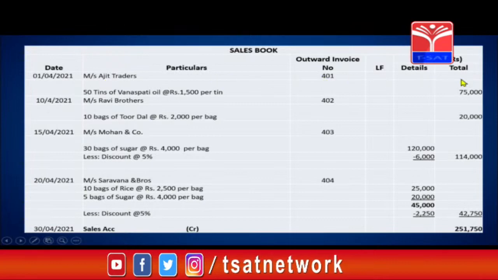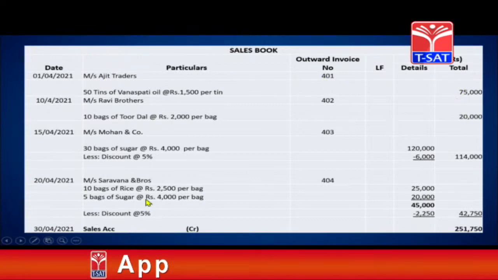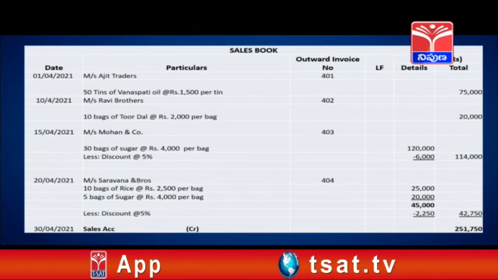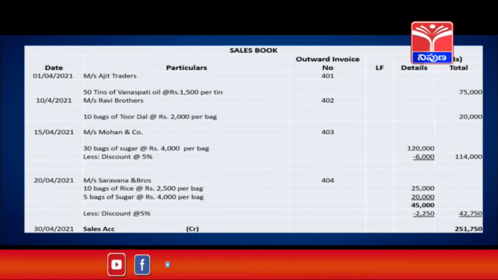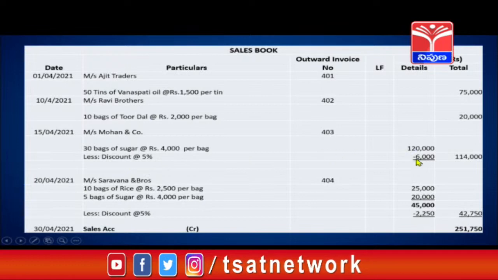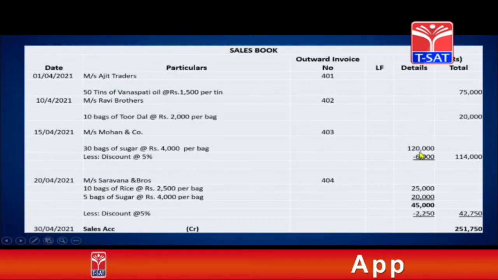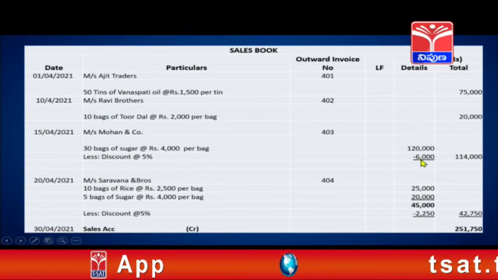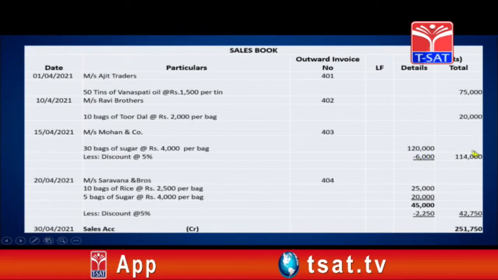Then these columns are for the amount we are recording in the sales book with details of the items you are selling and the discount whatever you are giving to your customer. So if you give a discount, you should write the gross amount in the details column along with the discount, and the net amount should be written in the outer column.